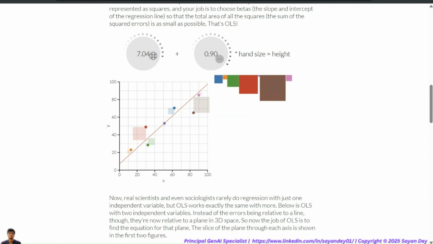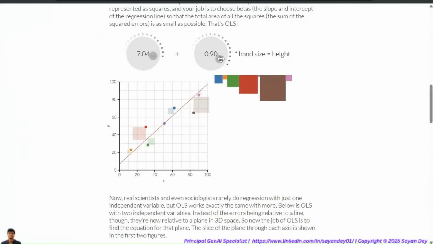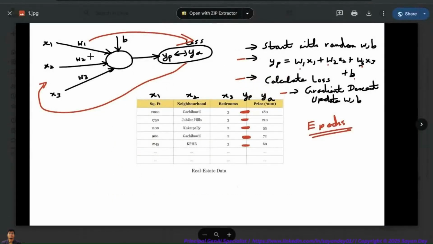Now, if you extend this to the neuron, because the neuron is also a linear model, instead of M and C, you are trying to tune W and B, but the idea is exactly the same. Just like here we are trying to take different M and C values, similarly, here you are trying to take different weights and bias values.